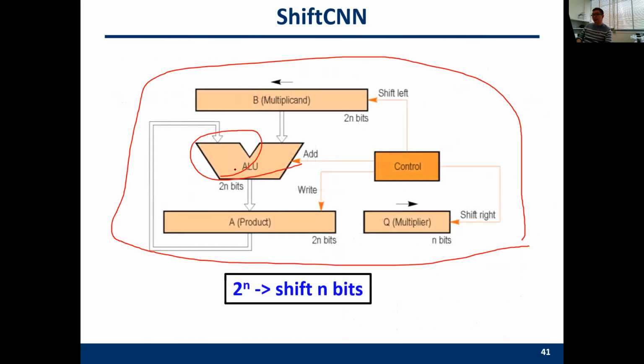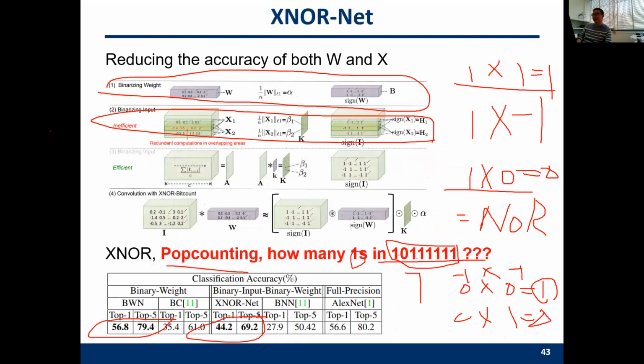You can actually also try to implement this XOR and pop counting design. The adder can be used to compute this pop counting logic: count how many ones there are in this binary string. I believe writing XOR logic gates is not complicated.